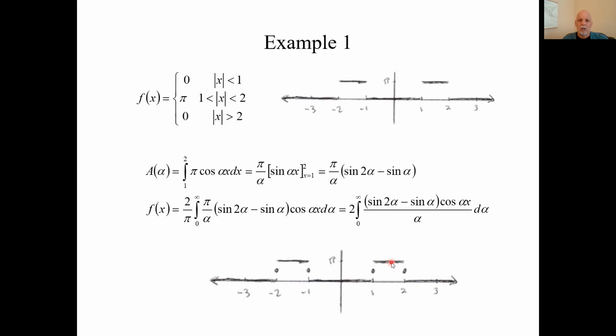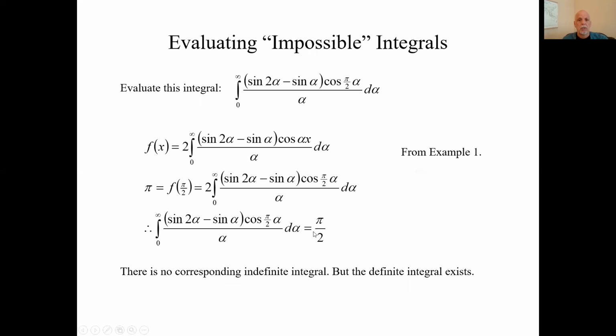Here the value of the f is pi. So we have pi equals 2 times this integral. So now we have a formula for this integral, pi over 2. So we could find a way to evaluate this integral, even though we couldn't take the indefinite integral.